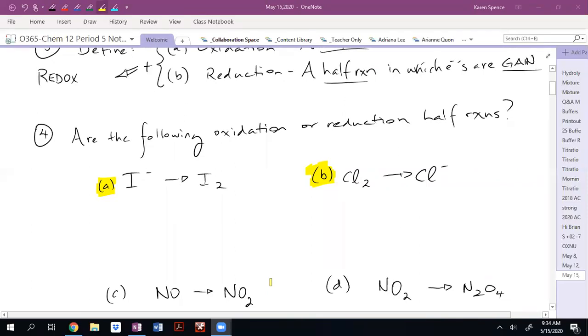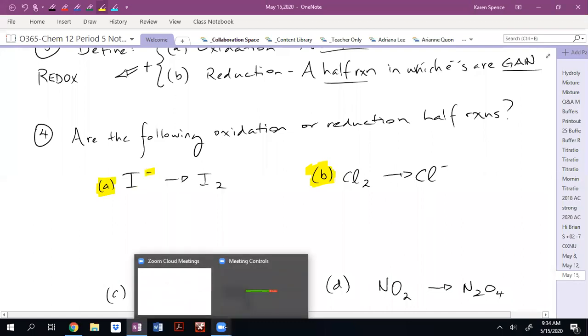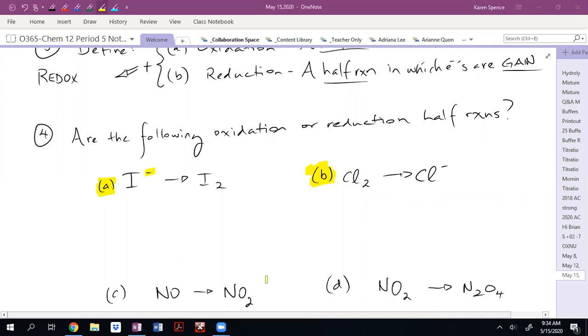So that iodine going from I- to I2, what kind of half reaction is that? And what are some ways we could tell? Well, we could take a look at our oxidation number.